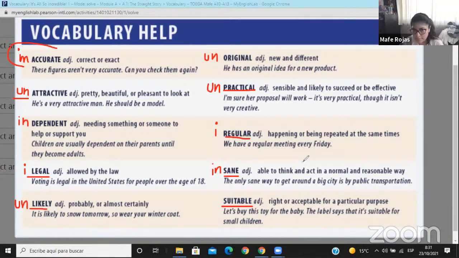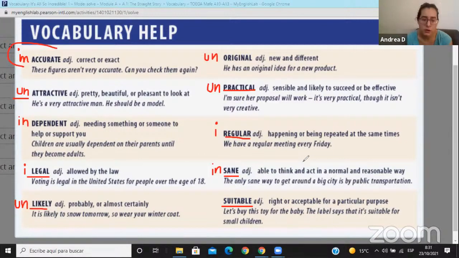Or maybe something is suitable for somebody else. For example, in the commercial, using a woman would not be suitable for a soccer commercial. But using a kid in a soccer park would be suitable for the target audience.